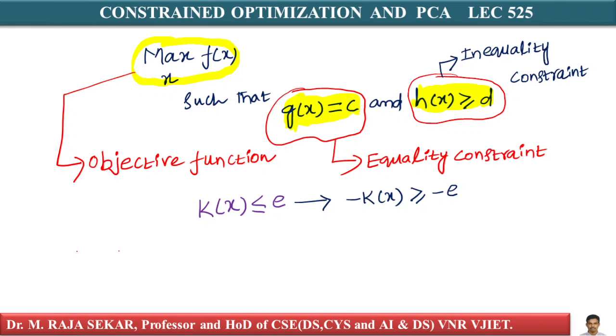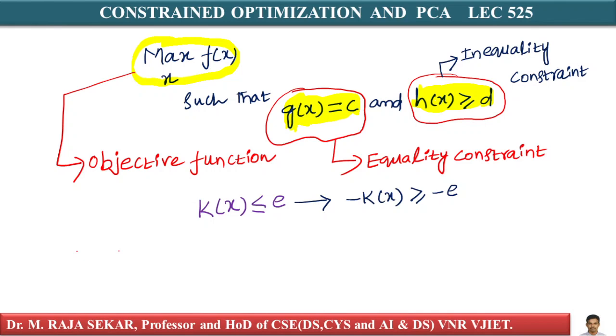Now let's see how to solve this problem. We have seen how to find maxima and minima of f of x, but how to find maxima and minima given constraints g of x equal to c, h of x greater than or equal to d? It is a very important problem.